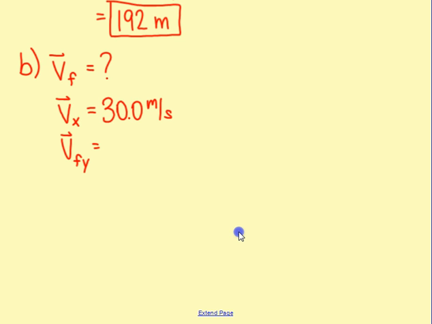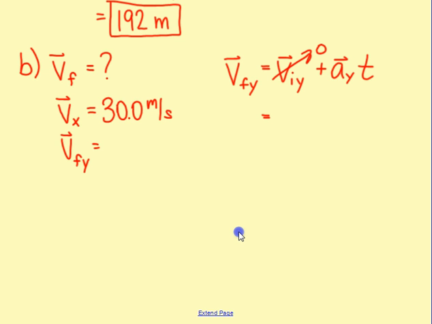Because I know so much about this problem, there are many equations that I could choose to find this, but we might as well go with the easiest one. The one that says that the final velocity is equal to the initial velocity plus the acceleration times time.